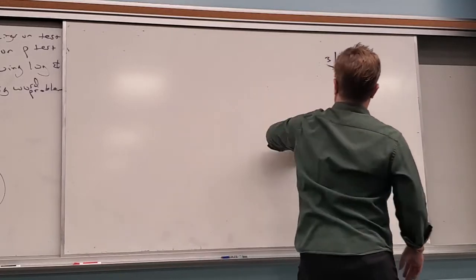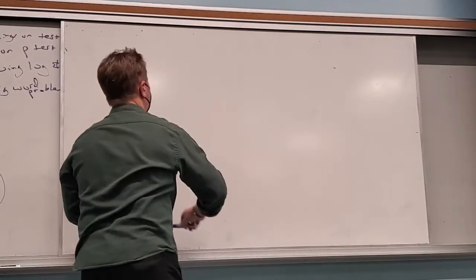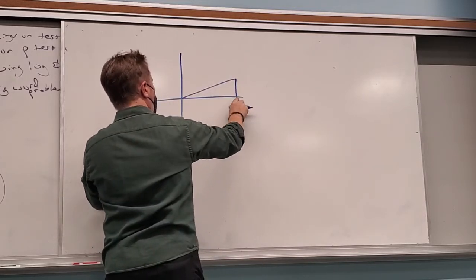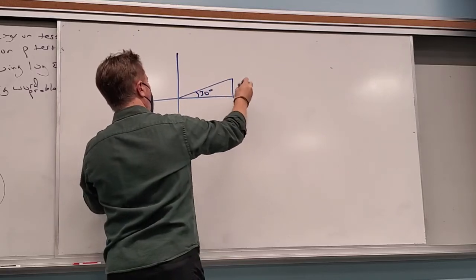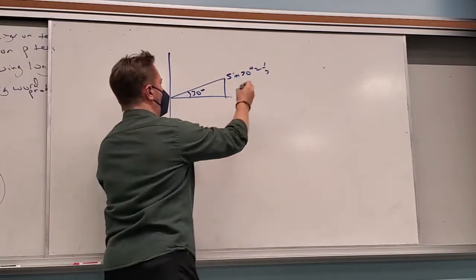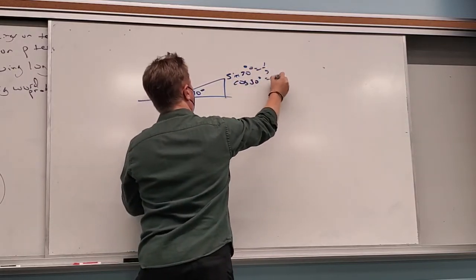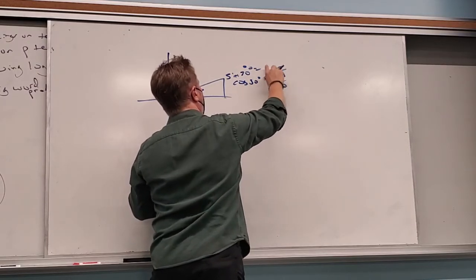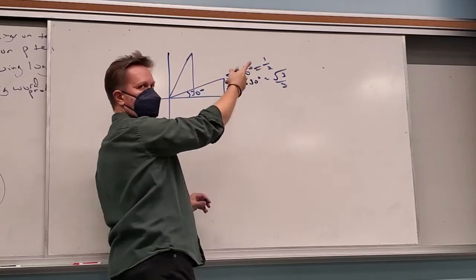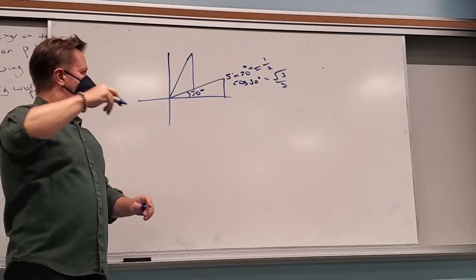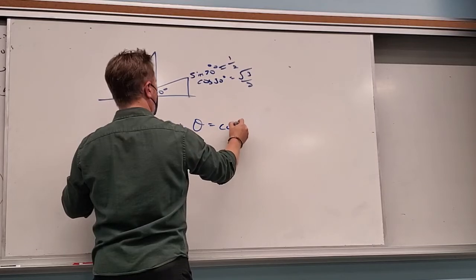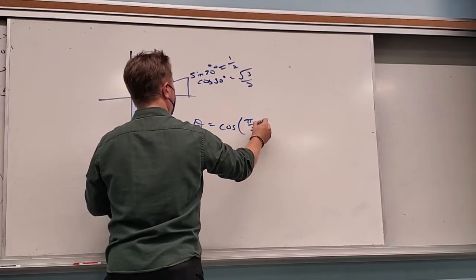So there's something we can notice. When I'm at 30 degrees, for example, sine is 1/2. Is that cool? And cosine is rad 3 over 2. At 60, don't those just turn around? So the idea is sine of some angle is equal to cosine of pi over 2 minus that angle.